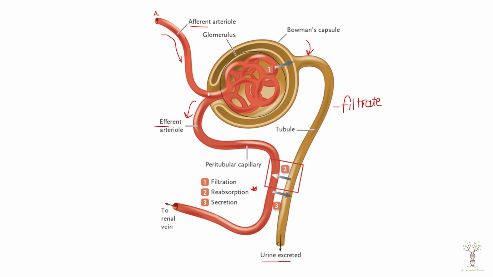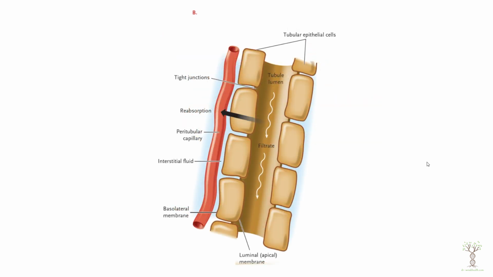So these are still carrying oxygen, and these vessels are going to form the peritubular capillaries that surround all of the nephron. And then every location in the whole nephron where substances are moving from the tubule into the blood, that is reabsorption.